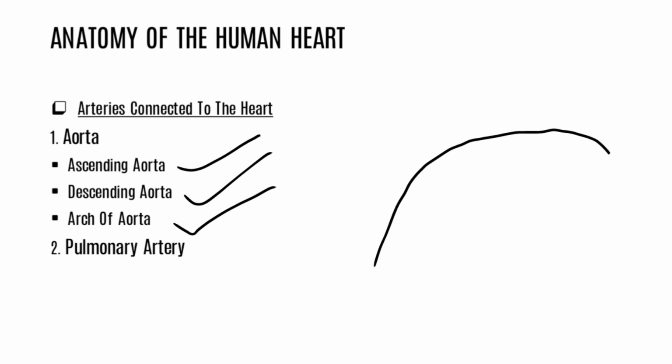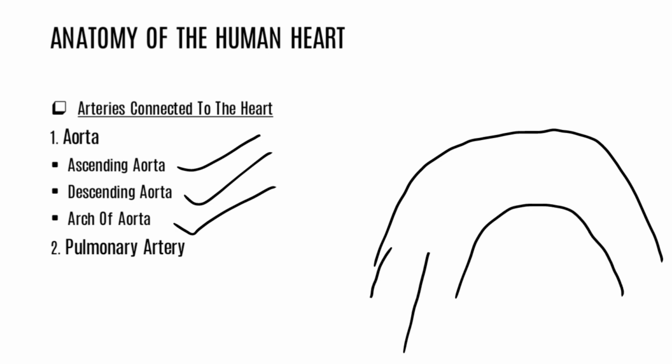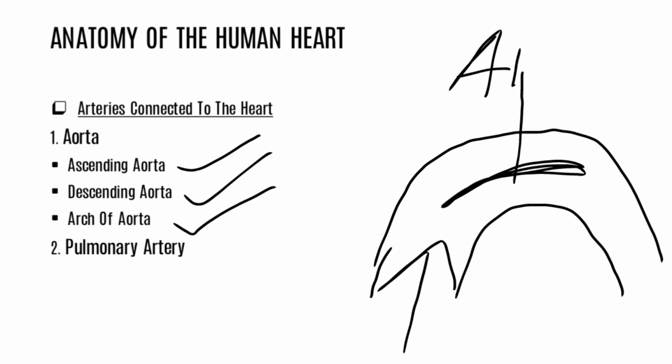This is basically how the physical structure looks. Our blood flows from here upwards. This part is called the ascending aorta, while this part between these two segments is known as the arch of the aorta. As it comes down here, this part will be known as the descending aorta.